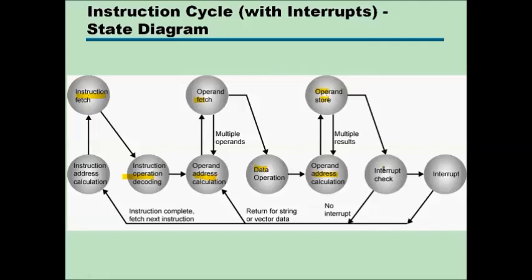Next is what? Interrupt check. If there is an interrupt, okay, or if there is no interrupt, go here. Next is what? Return for string or vector data. Okay, either you're going back to this one to operand, and then if not, go here, this straight, instruction complete, fetch the next instruction, and then instruction address calculation, and fetch the next instruction. So this is a cycle.